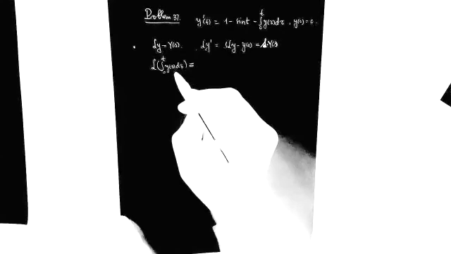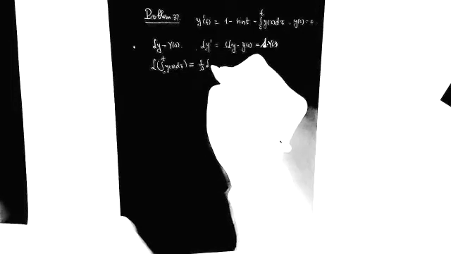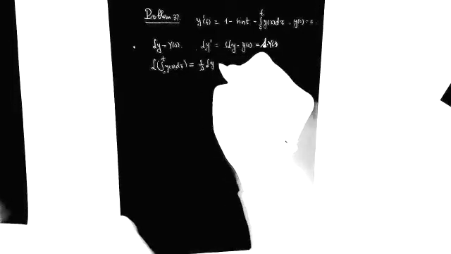The Laplace transform of 1 is 1 over s. And this is one of the things that I said you should memorize. The Laplace transform of the integral is 1 over s times the Laplace transform of the function. So that's 1 over s, Y of s.